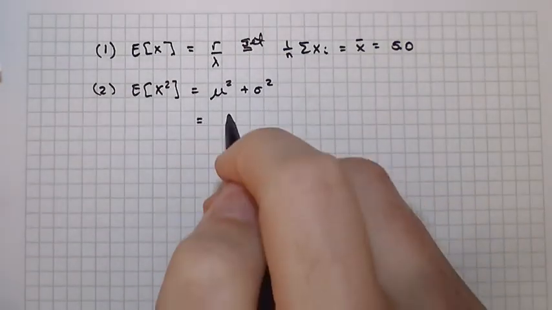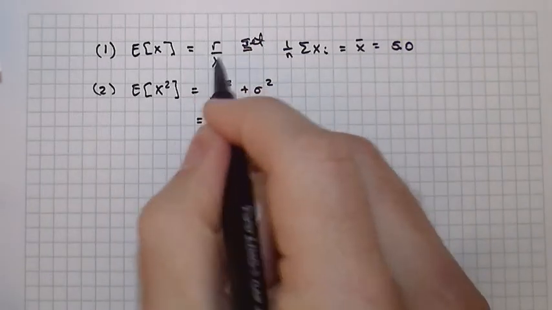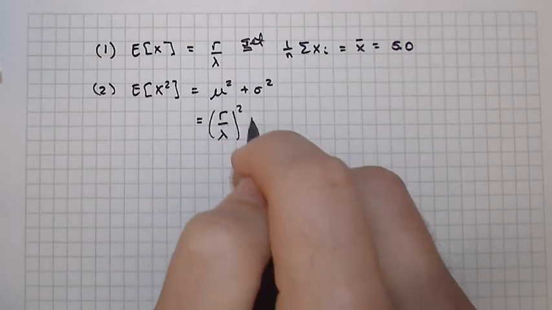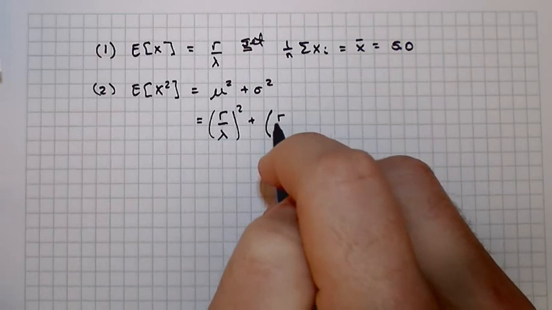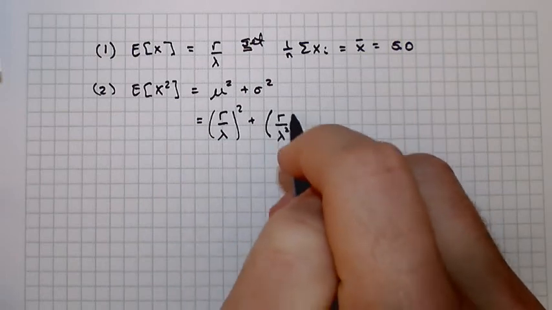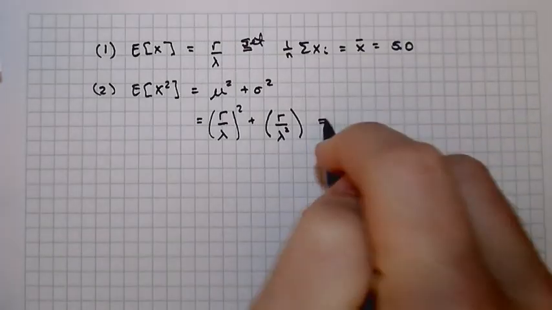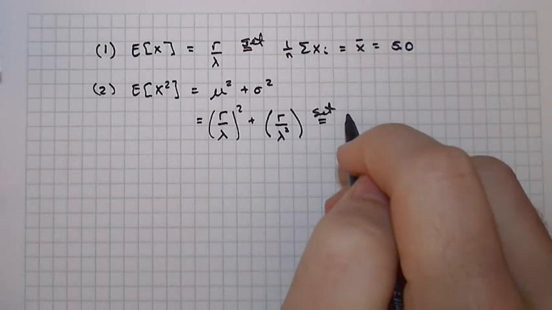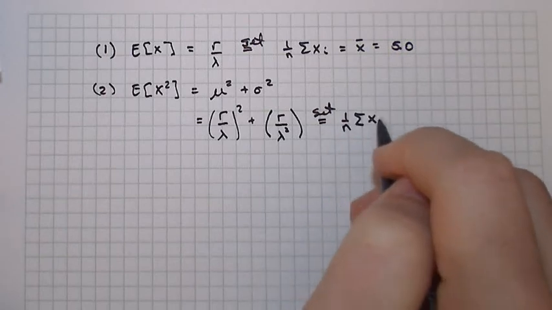So theoretically here, mu squared, well, we've got our expected value, that's r over lambda squared, plus the theoretical variance in terms of the parameters of a gamma variable, which will be r over lambda squared, and we're going to set that equal to our average value of the sum of our x squareds.